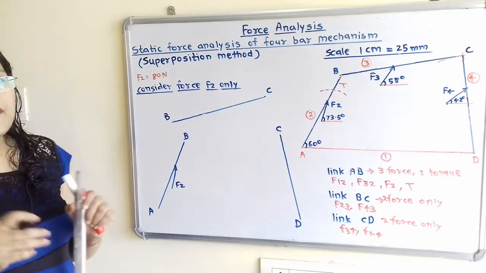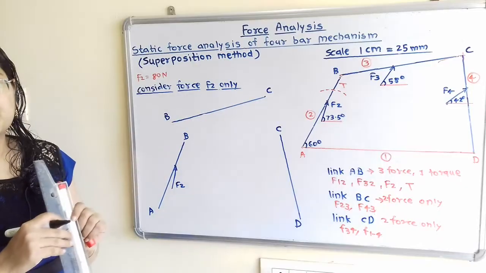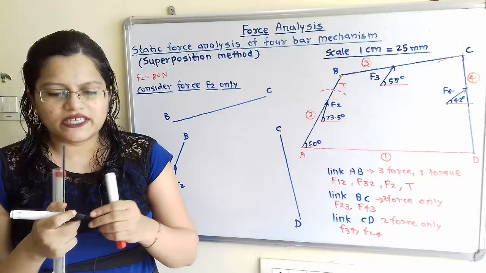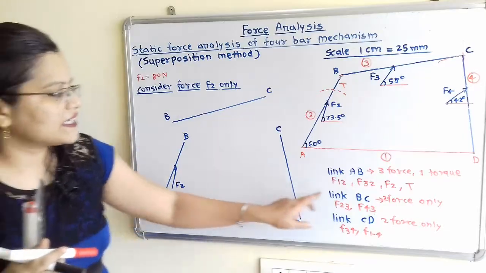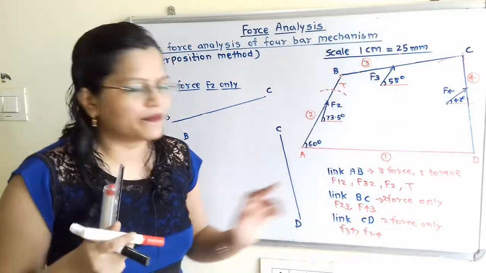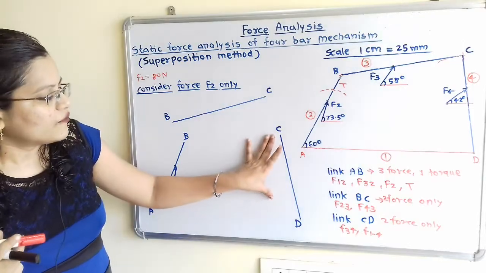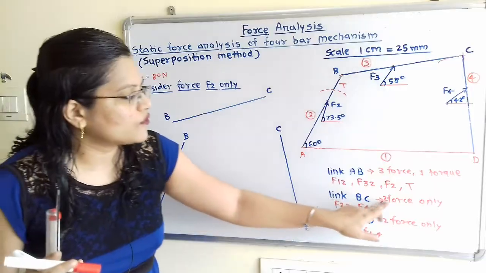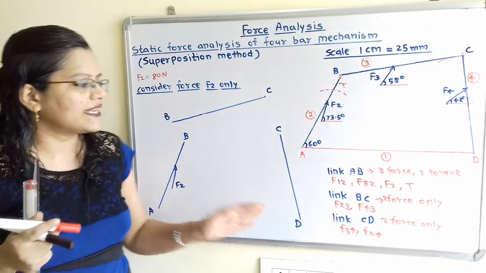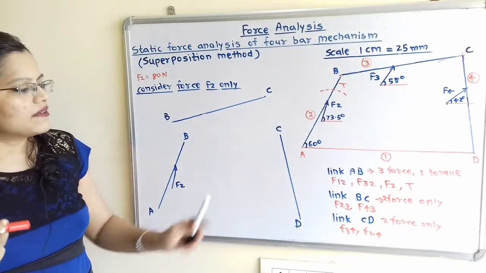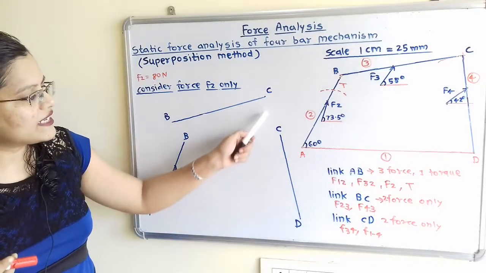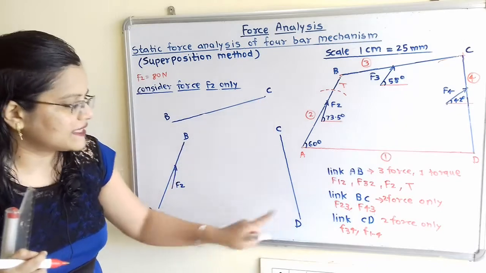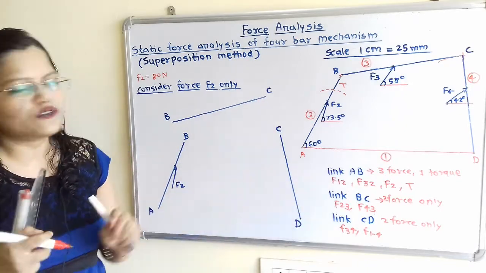Now we will move to the next member. So we have to first consider the easy member, that is, we can easily consider the two force member only, because we know that the line of action of forces for these two force members is along the link. So we can draw here the line of action of forces for BC as well as CD, because these two links are the two force members.